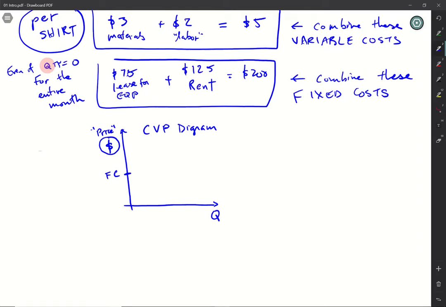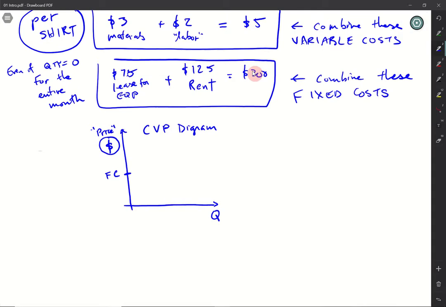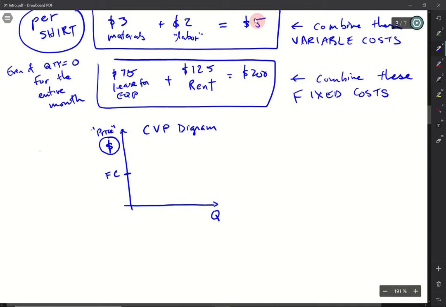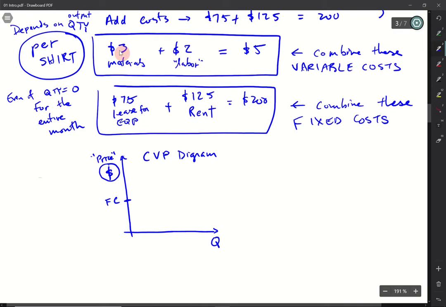So what happens if it sold one shirt? What would its cost be? It would still have to pay its fixed costs, and then it sold one shirt, so how much cost would it have? It will have 205, right? Because if it sold one shirt, it had to at least pay $3 for the materials and $2 for the labor. Does that make sense?